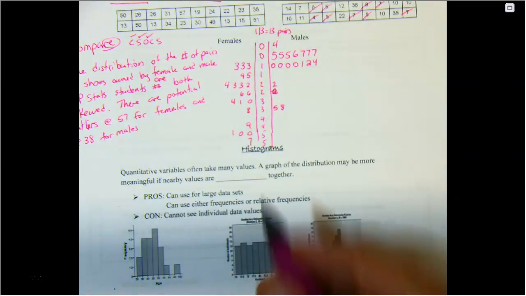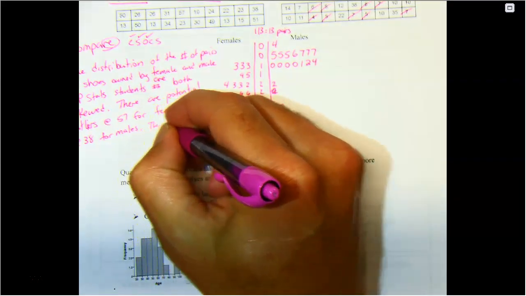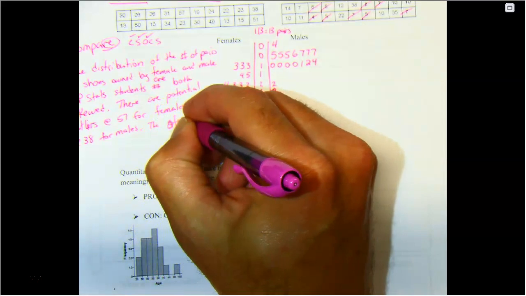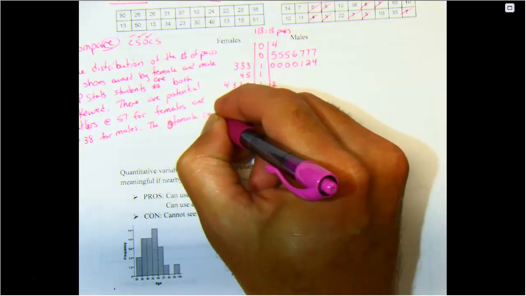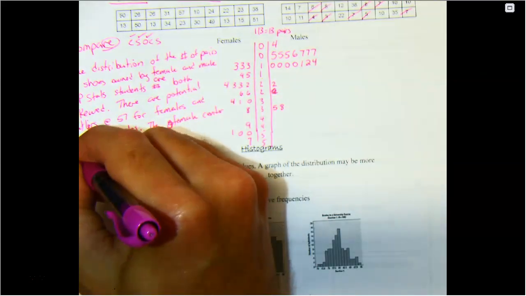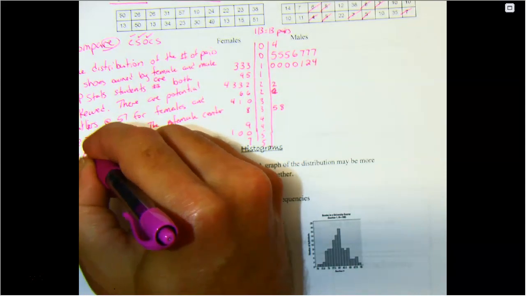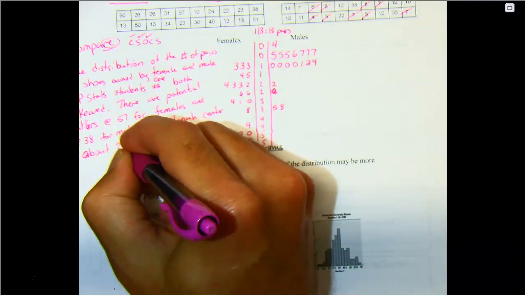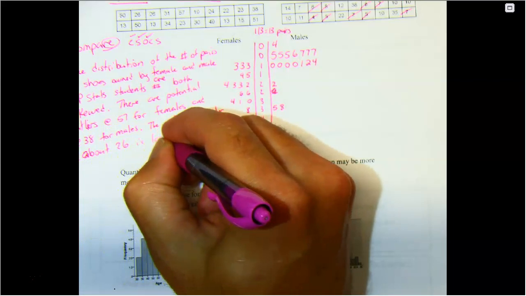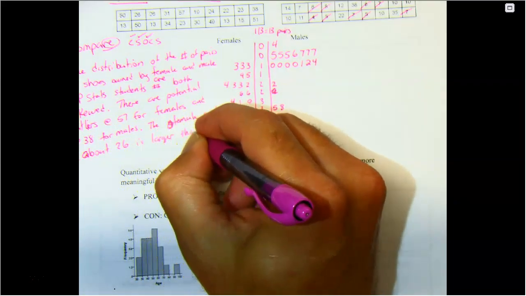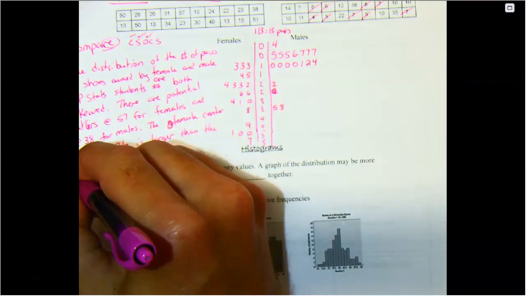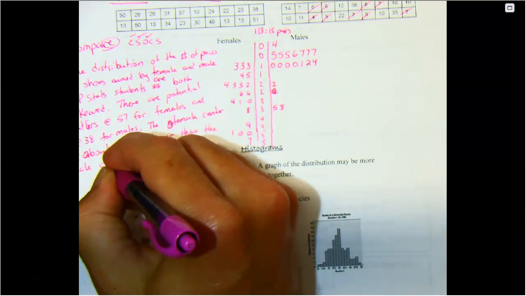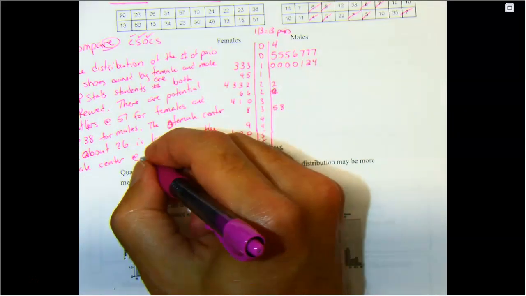So the female center at about 26 is larger than the male center at about. All right, so where's that going to be?